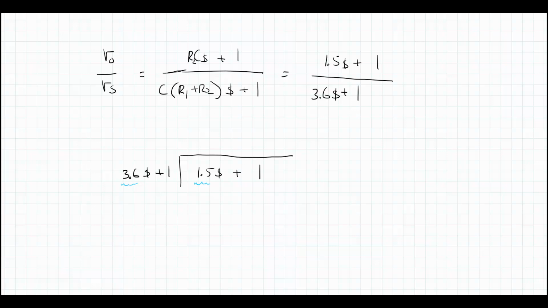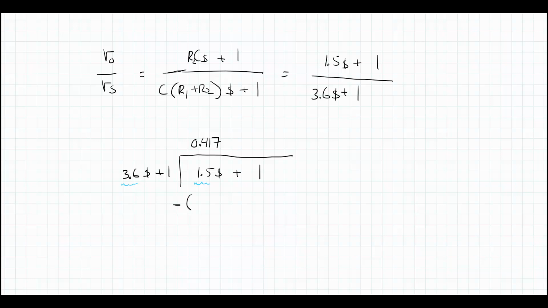Well, certainly less than one time. It goes roughly 0.417 times into 1.5. So again, that's to say that 0.417 times 3.6 is 1.5. I don't need an s on top because 0.417 times 3.6s is the 1.5s.